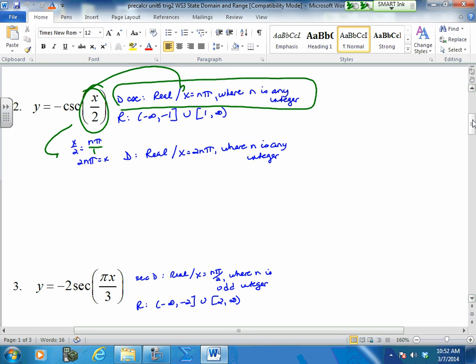Remember when I was trying to get you yesterday to think these things out logically? If you take half of your curve, are you shrinking it or stretching it? Stretching it. You're stretching it out to half of your curve in your normal time, right? So what are you going to do to your asymptote? You're going to stretch that out too, right?